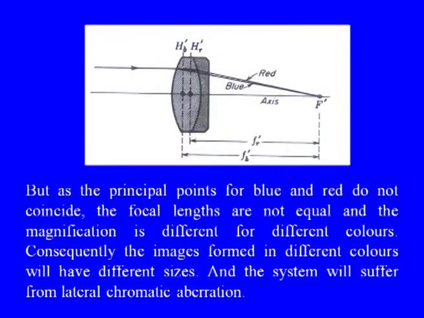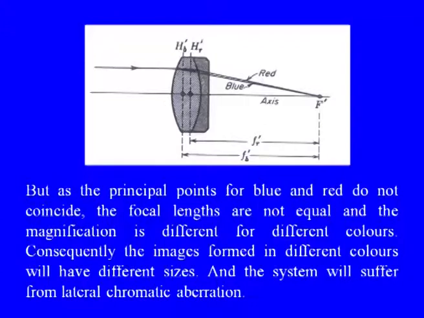But see here, as the principal points for the blue and red do not coincide in this thick lens, the focal lengths are not equal, and the magnification is different for different colors. Consequently, the images formed in different colors will have different sizes, and the system will suffer from lateral chromatic aberration.